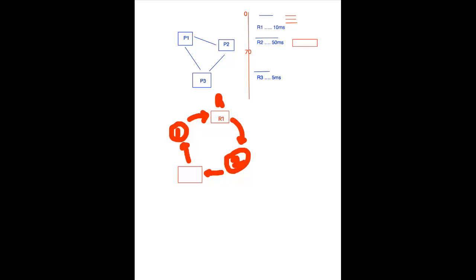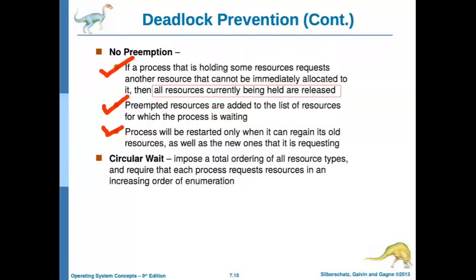The meaning of that is very simple. The resource types will be ordered, and if you need resources, say R1 and R2 are required by both, you must request the resources in increasing order of their enumeration. Increasing order, this is the important thing.